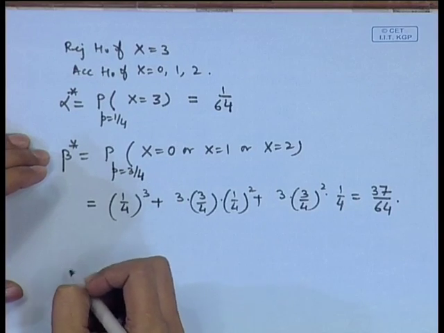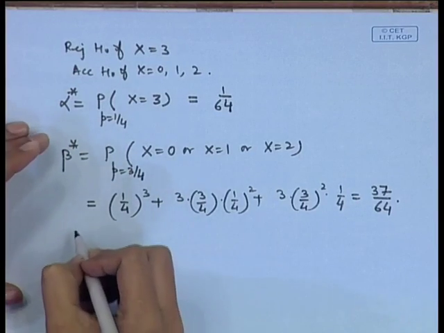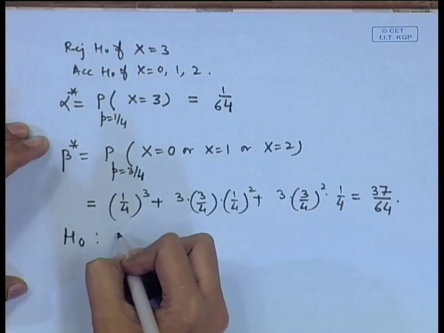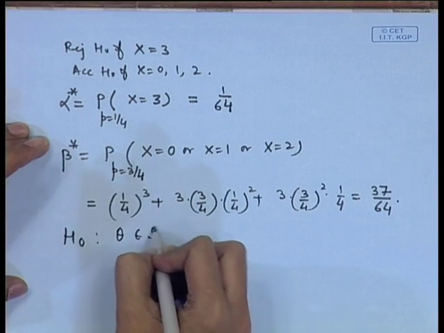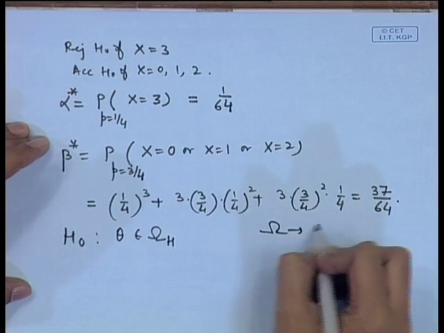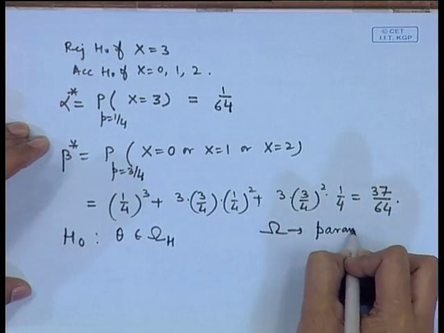most powerful test procedure. So there is a theory, and in the most general terms the theory would be represented like this: we have H naught, theta belonging to, say, omega H. So our parameter space is omega, the full parameter space.